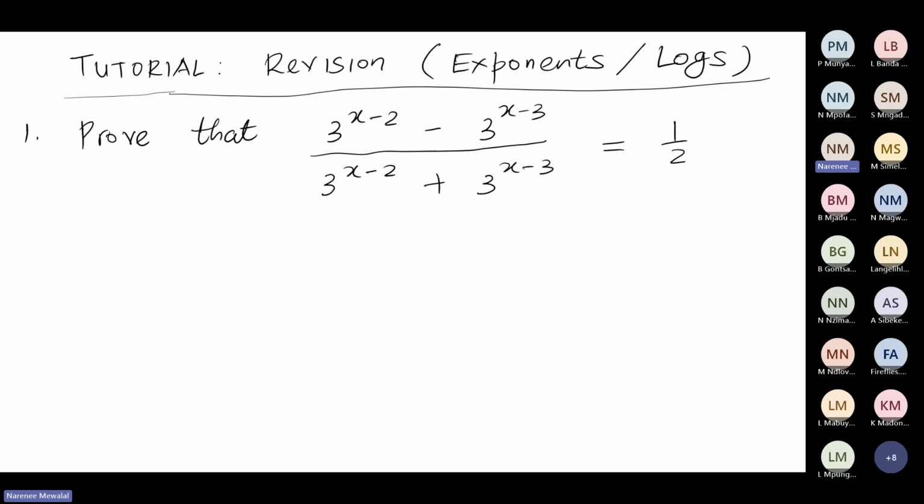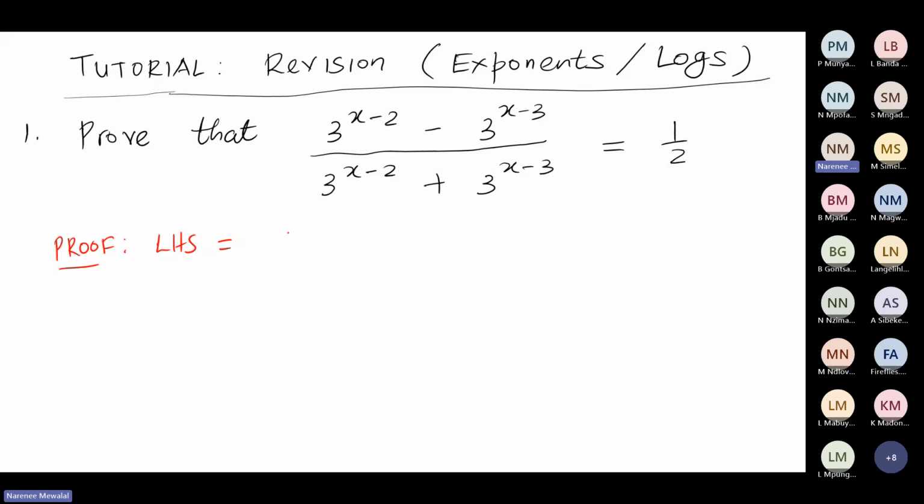So in this case, you would start off with the word proof. Because they are asking you to prove, you're going to start off with proof, and you're going to say your left-hand side is equal to, and then we're going to start simplifying that.